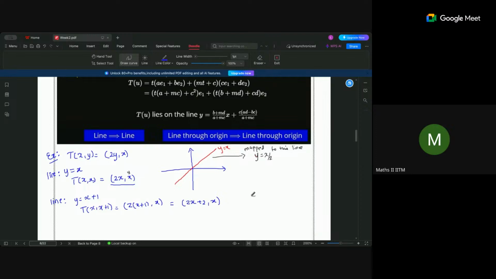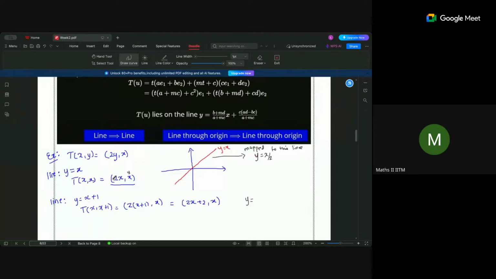So now can you tell me what is your y? Are you sure? This is the place where you will have y. So tell me what is your y equation.